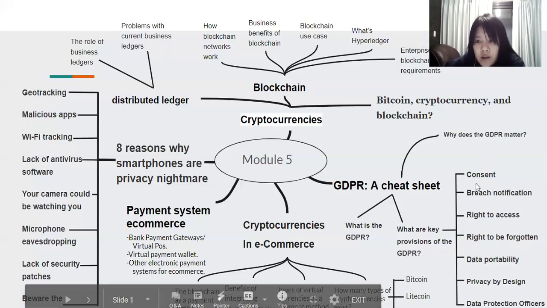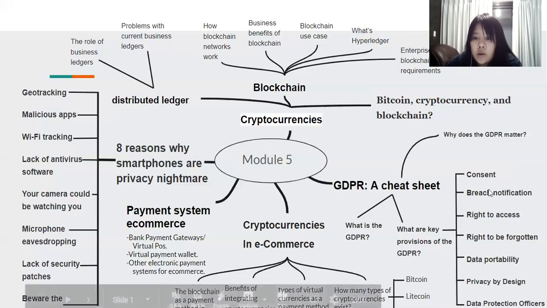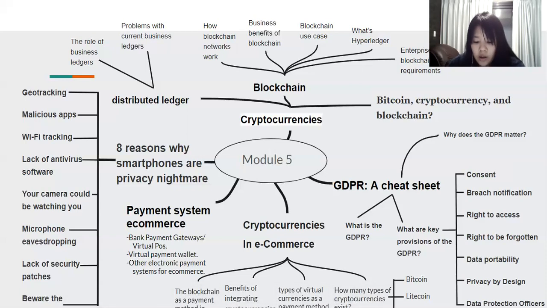The first one is consent: each time a new purpose is requested, consent is required. Breach notification: it notifies all data subjects that a security breach has occurred within 72 hours.